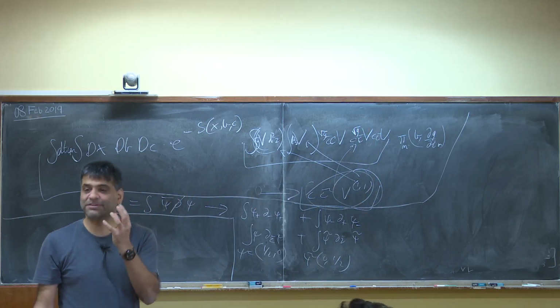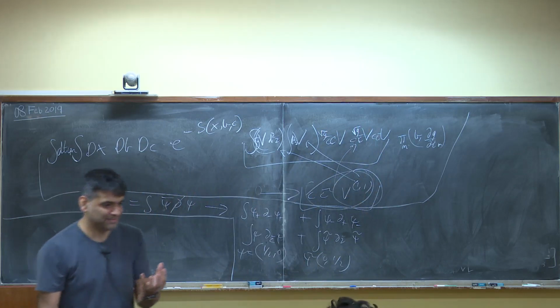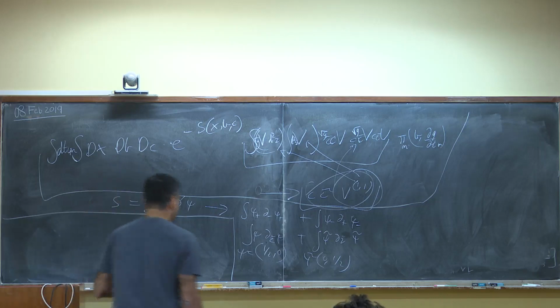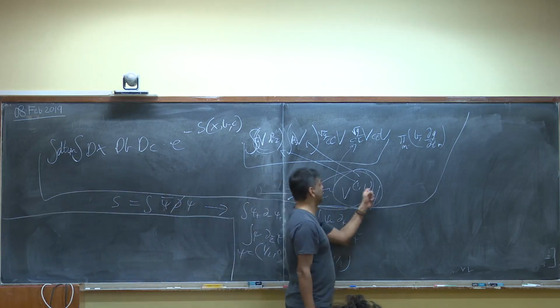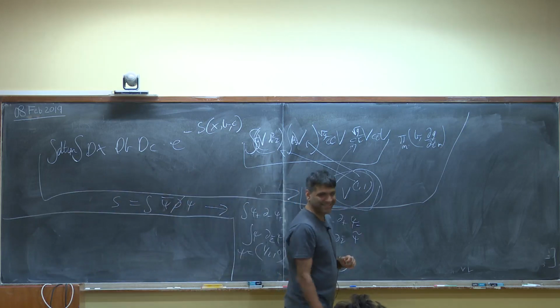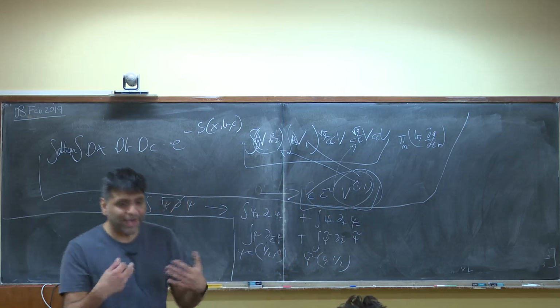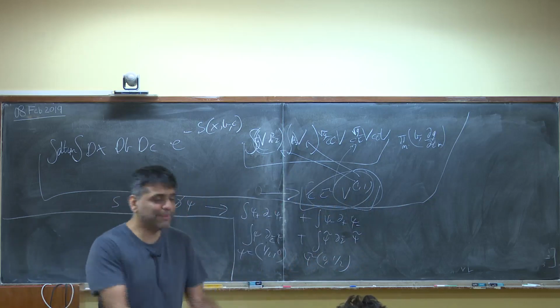Because factors of square root g were also important for this on-shell condition. Yes, it's related. That was related to the dimension, and then the on-shell condition forced it. The fact that it's a (1,1) primary is the same as the on-shell condition.